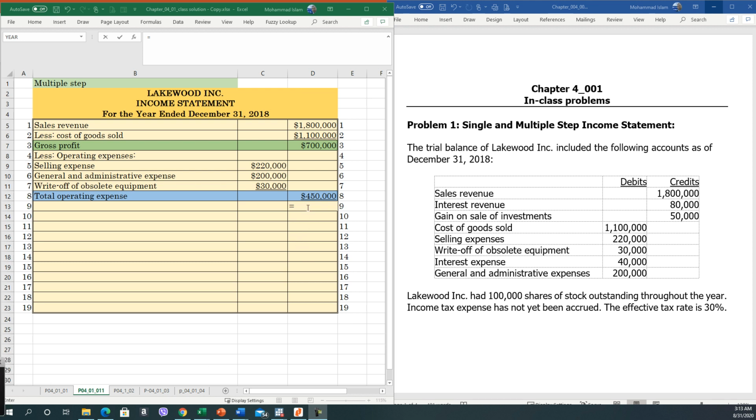Now I do the US one, so D8. D3 minus D8, what's the problem? It should be D3 minus D8.